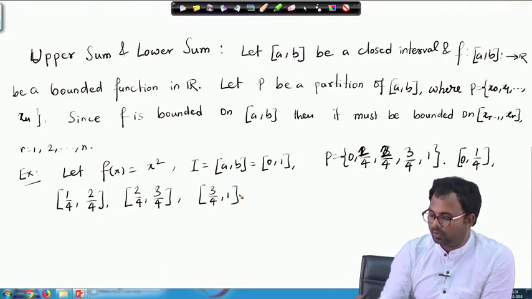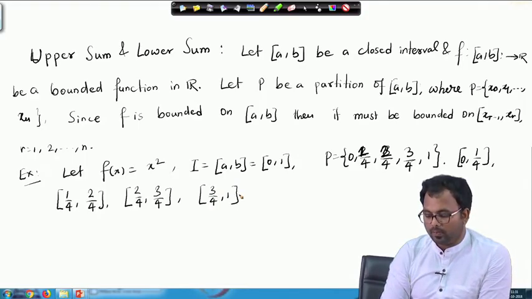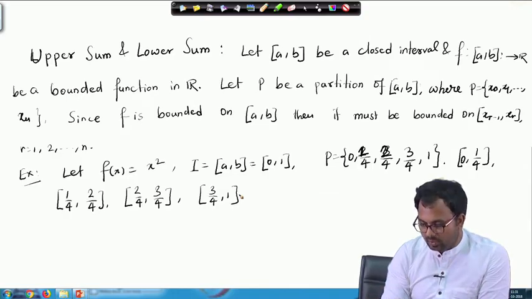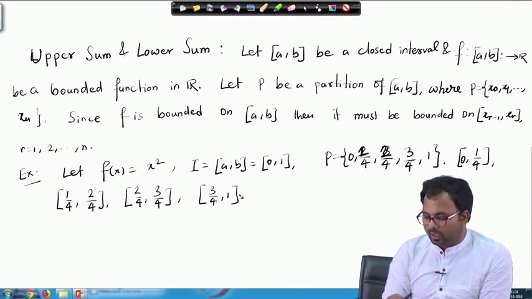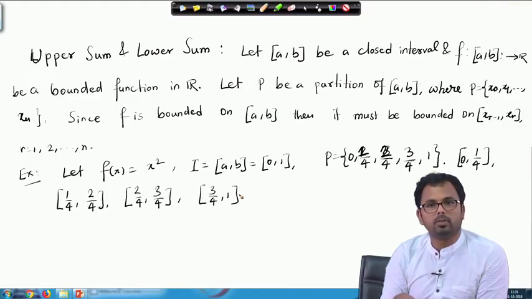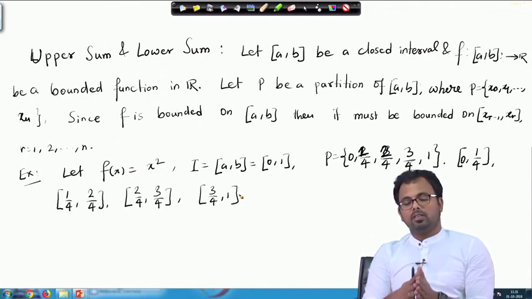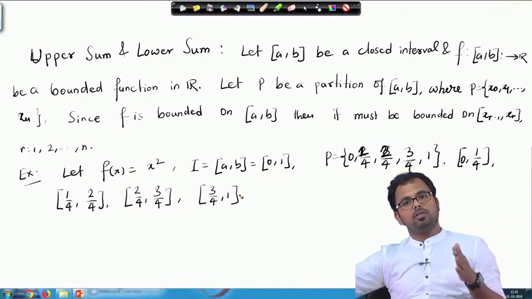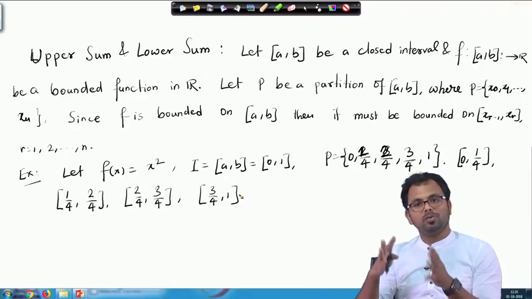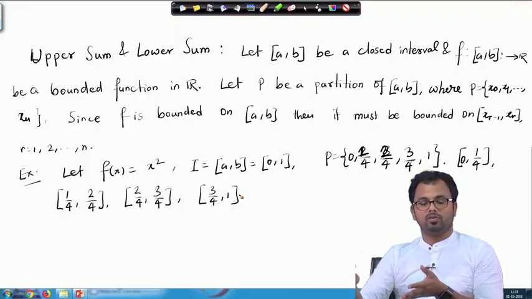So, these are the 4 subintervals for this closed interval [a, b], and if you consider any one of these subintervals, you can see right away that this function f is bounded. It is mainly because the function f is bounded on the whole interval [a, b], so it will always be bounded on one of these subintervals.